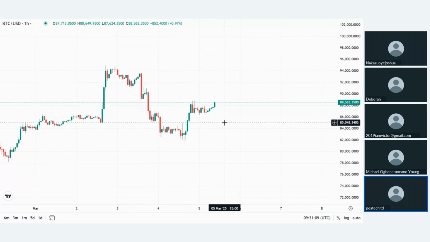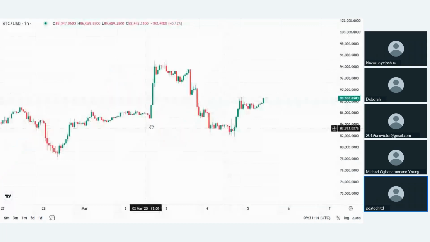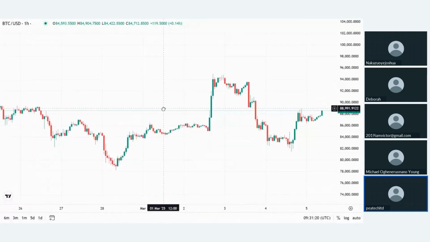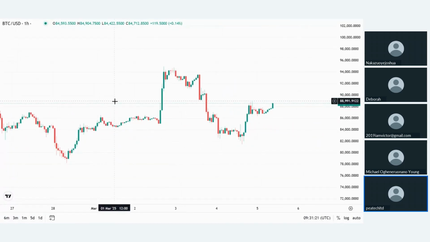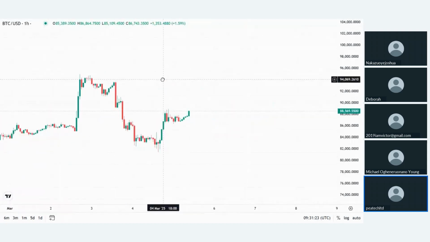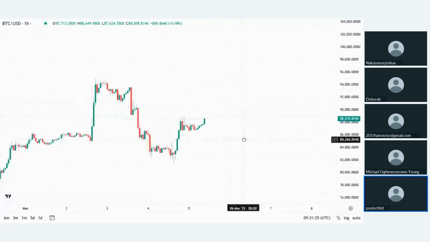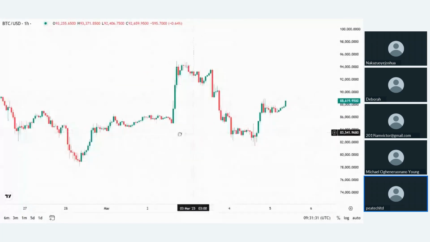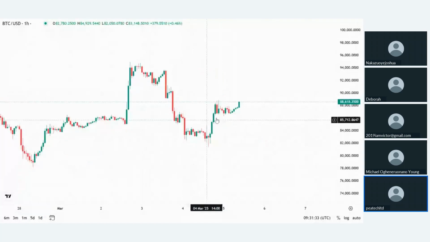All right. So to answer your question, Debbie, this is what we mean. This is a 1 hour time frame chart of Bitcoin. This is Bitcoin USD, and we want to place a trade on this market. Now, we don't want to enter the market immediately.